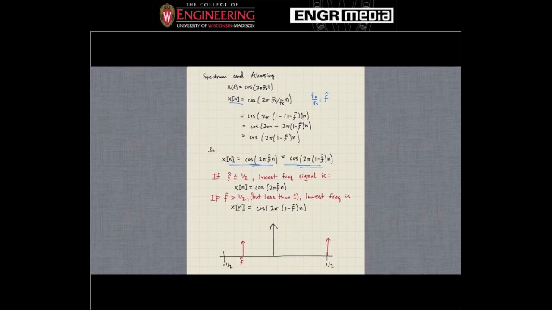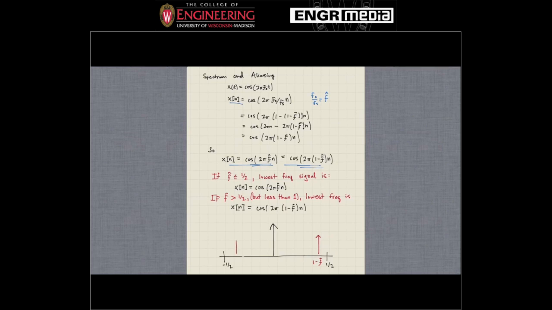Remember now this reconstruction, as soon as the digital frequency increased to greater than 1/2, our reconstruction actually just preferred instead the sinusoid that was at frequency 1 minus f hat, right? And the same thing happens on the negative end.